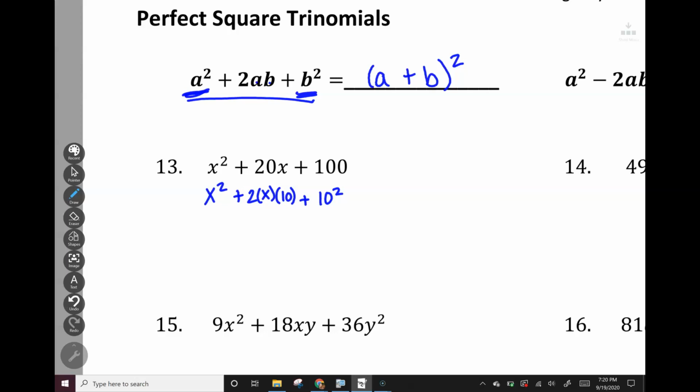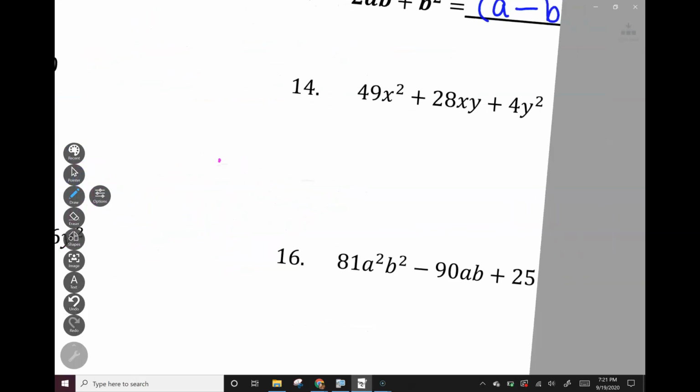That's how that works. And so we know that it's going to factor into just a plus b squared. So a is going to be the square root of the first term, which is x. B is going to be the square root of the last term, which is 10. And then it's squared. That's it.